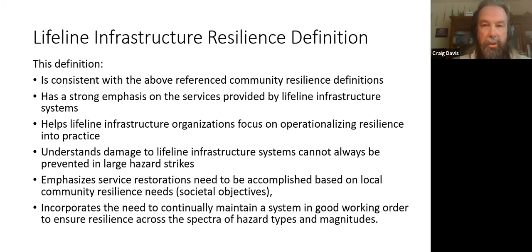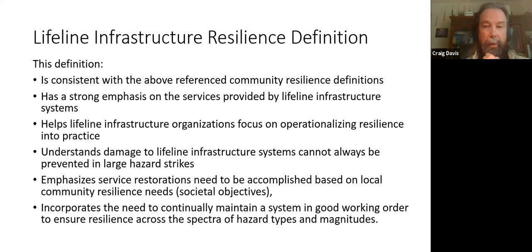It has a strong emphasis on services provided by lifeline infrastructure systems, helps lifeline infrastructure organizations focus on operationalizing resilience into practice, and I'll give you some examples of that. It understands that damage to lifeline infrastructure systems cannot always be prevented in large hazard strikes, meaning that we expect to lose services. It's almost impossible to design otherwise.